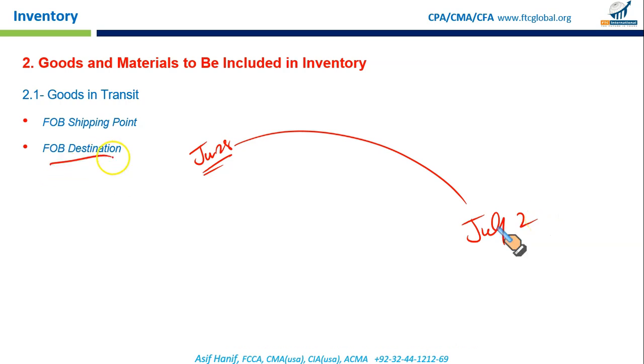Under FOB destination, these items belong to the seller until the goods are received by the buyer. That's important. So the goods would remain the seller's inventory for the period ending June 30th, and they become property of the buyer when the buyer actually receives the goods from the shipping carrier, whoever is bringing the goods.